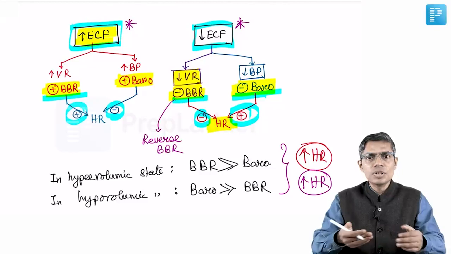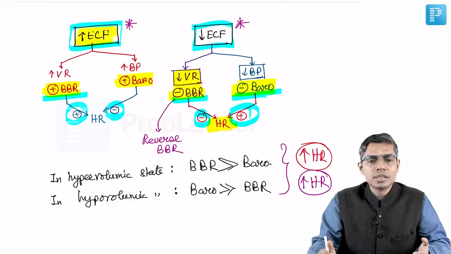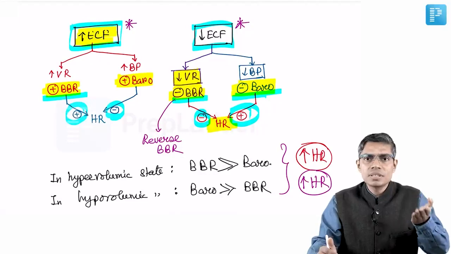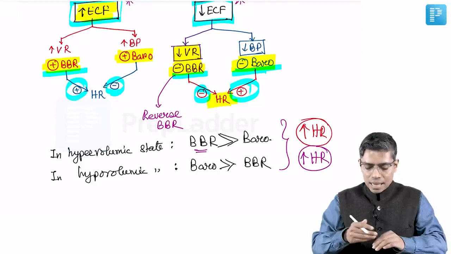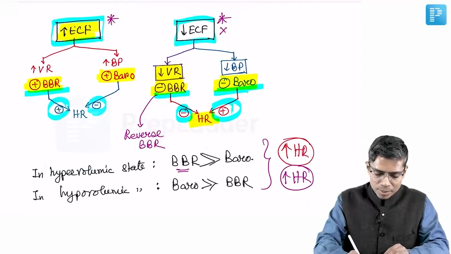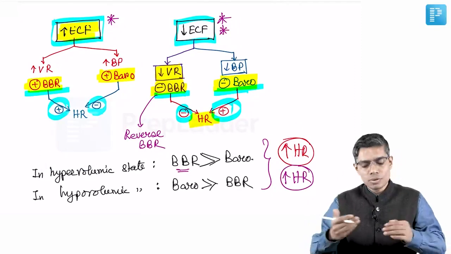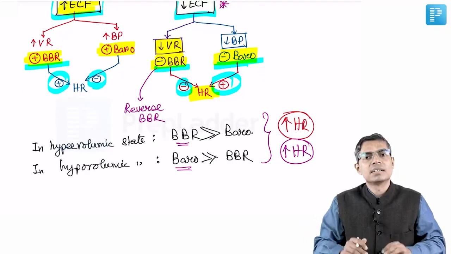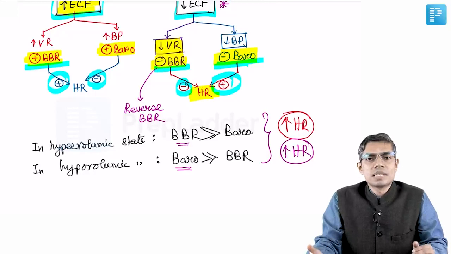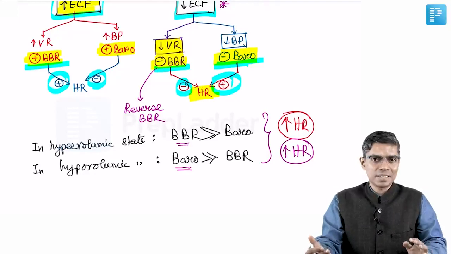So if I ask you, infusion of fluid, saline, or blood causing tachycardia, which reflex is doing this tachycardia? Your Bainbridge reflex is doing this tachycardia. And sudden blood loss from the person, sudden hypotension, is also causing tachycardia. Which reflex is doing the tachycardia? That is baroreceptor mediated tachycardia, right?